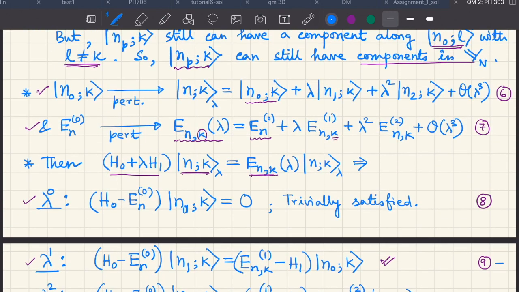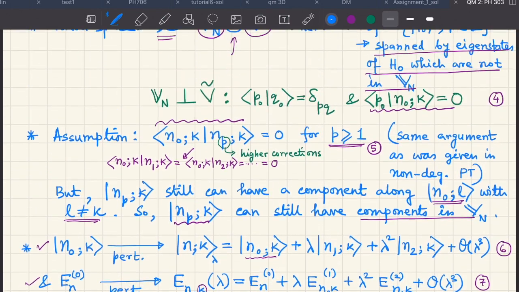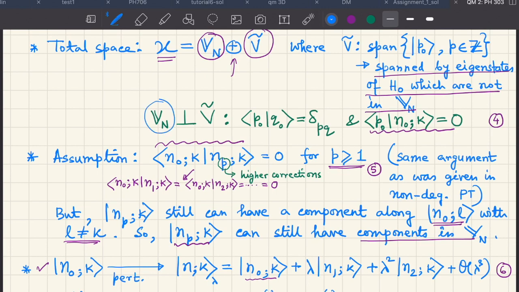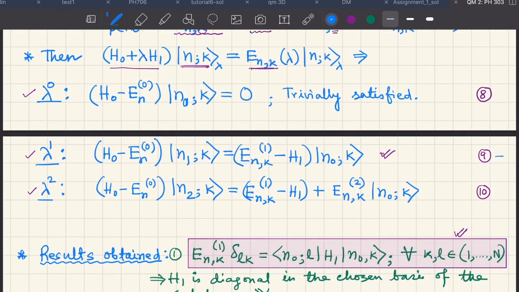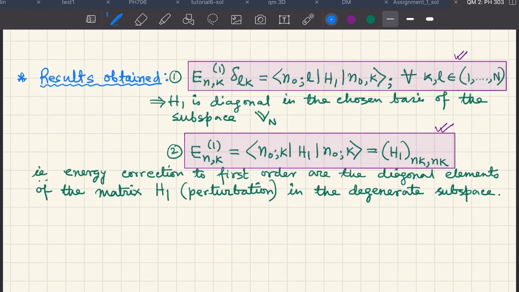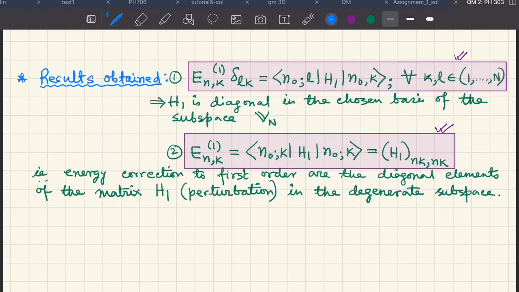Remember, I already said that this Vn, although actually was the degenerate subspace, the rest of the non-degenerate spaces states actually are residing in this V tilde space. So that is the next step where we are going to calculate the components of the first order correction to the state in V tilde. And we have said that there is a reason that this N1k should have a component in this V tilde.